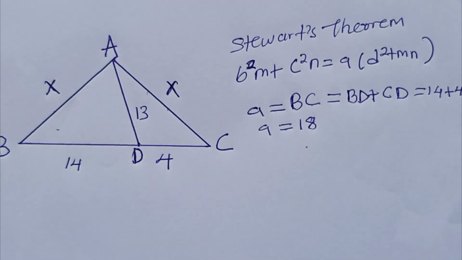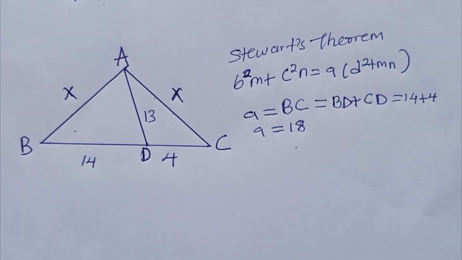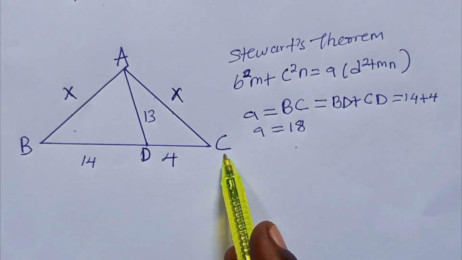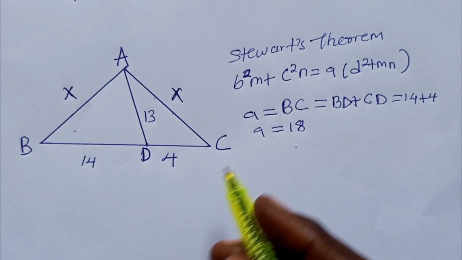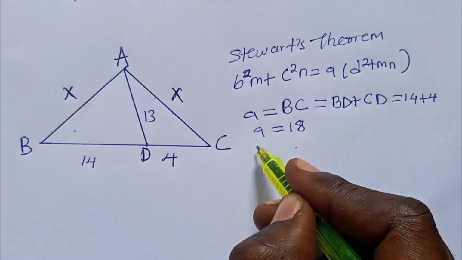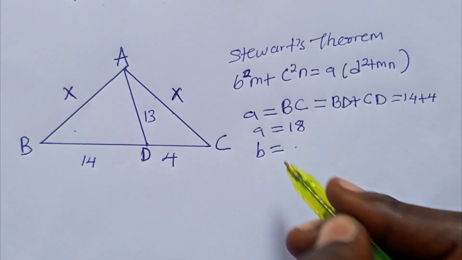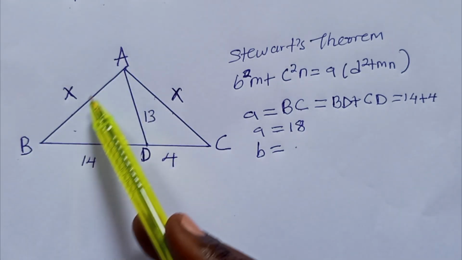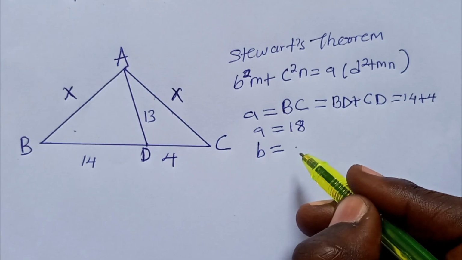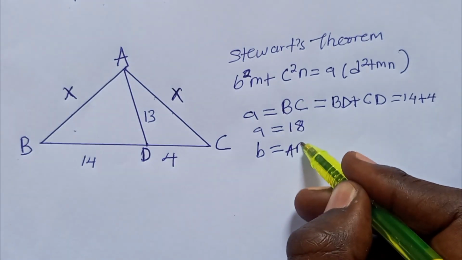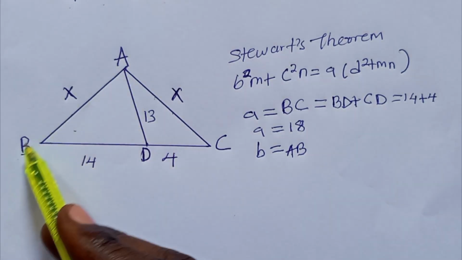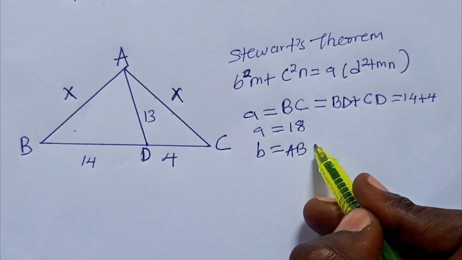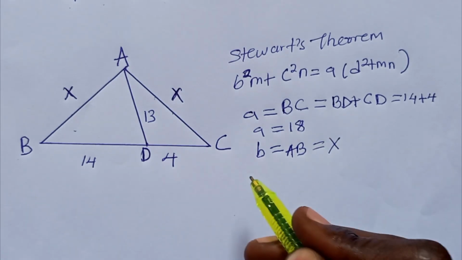So we have our a as 18, that is the entire base of the triangle, which is BC. Then our b in Stewart's theorem is the left side of this triangle, AB, which is equal to x.